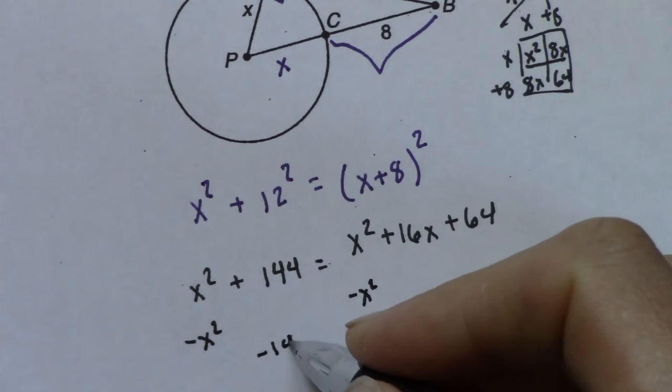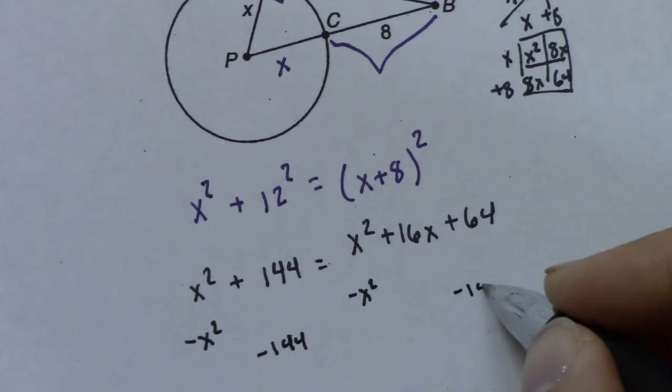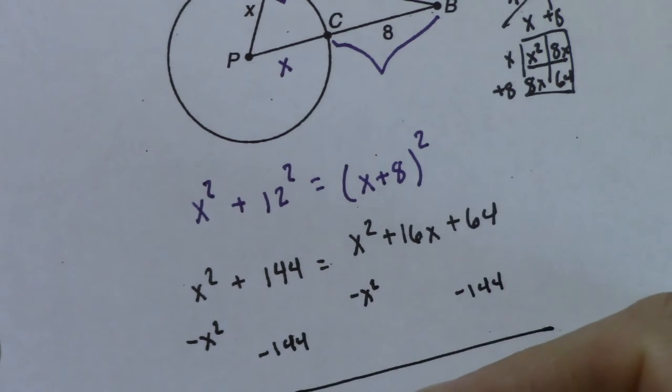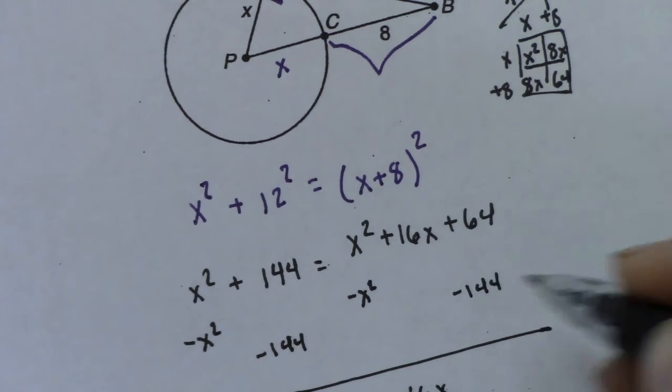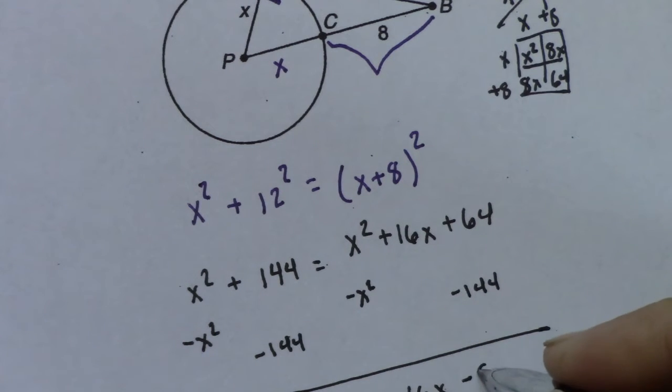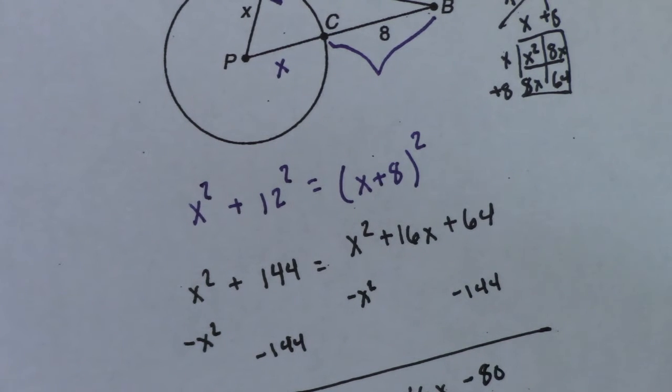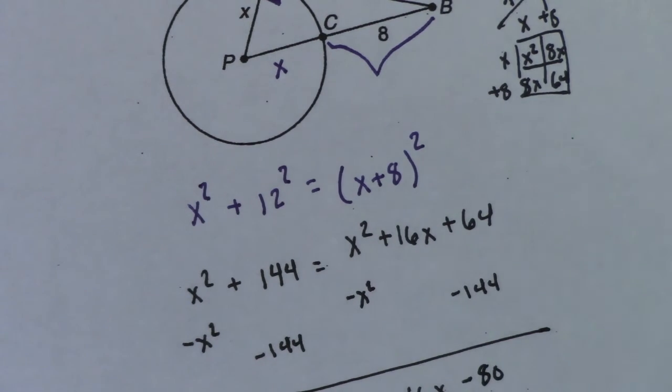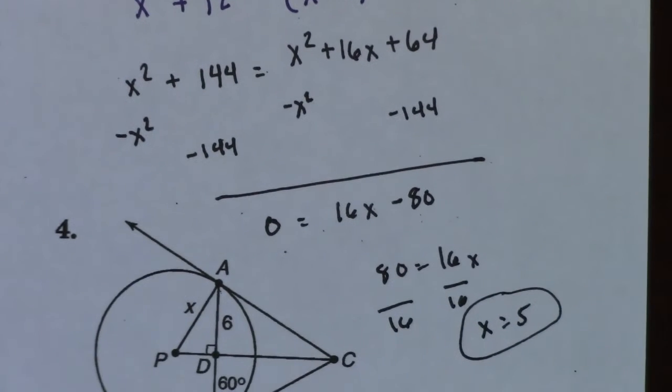I subtract the 144 over here, and I now get 0 is equal to 16x. 64 minus 144 is going to be a negative 80. Going ahead and adding 80 back over, I now have 80 is equal to 16x. Dividing by 16 means x is equal to 5. So for that second one right there, we get x is equal to 5.